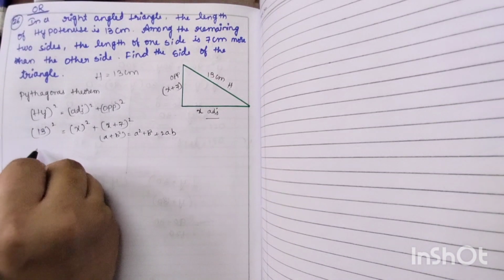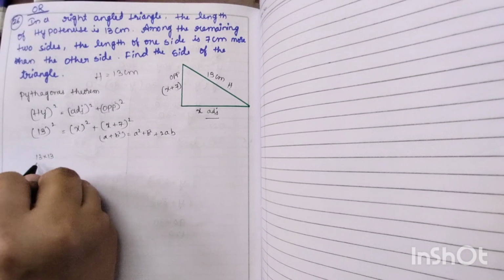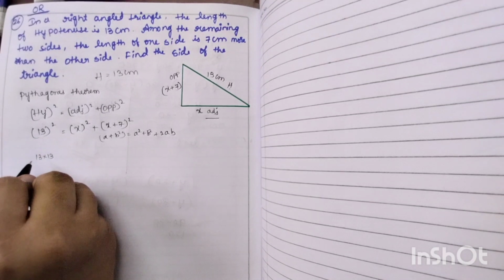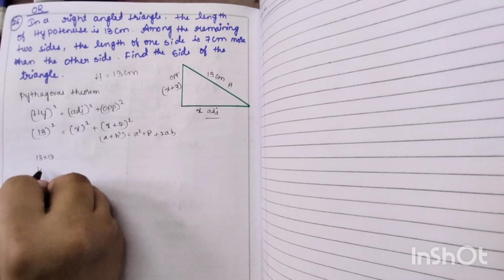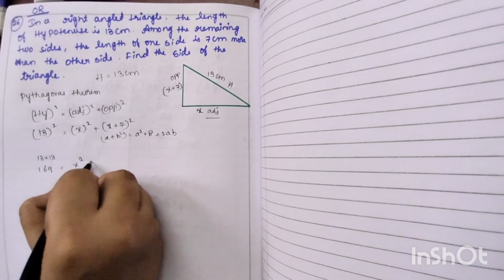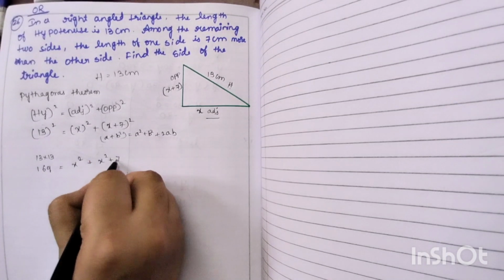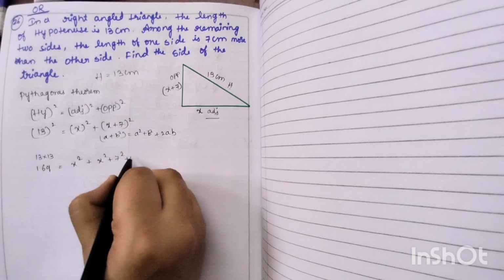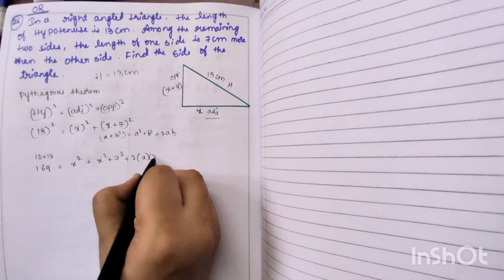Now what is 13 square? 13 into 13 we have to do, right? So 13 square is 169, equal to x square. Now it is x square plus 7 square plus 2 into x into 7, correct?